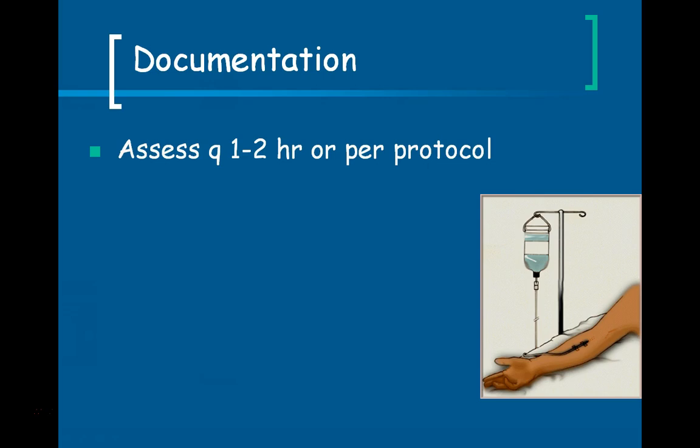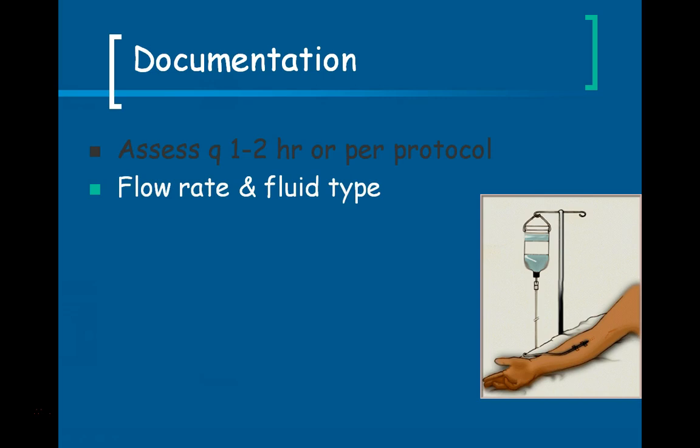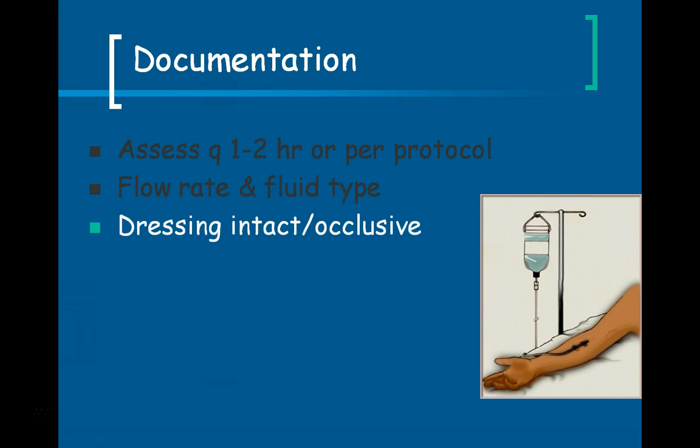So what we document is the flow rate and fluid type. So the patient is receiving normal saline at 150 mils an hour, for instance. We want to look, is the dressing intact or occlusive, which basically means the same thing. It means it's covering the puncture site.